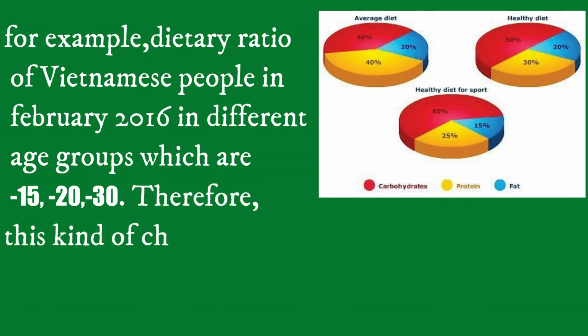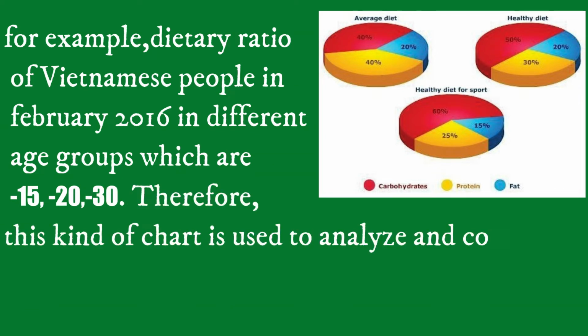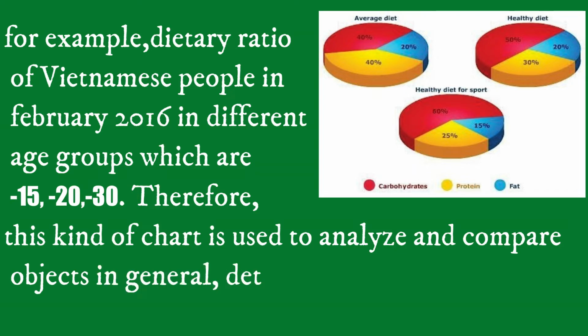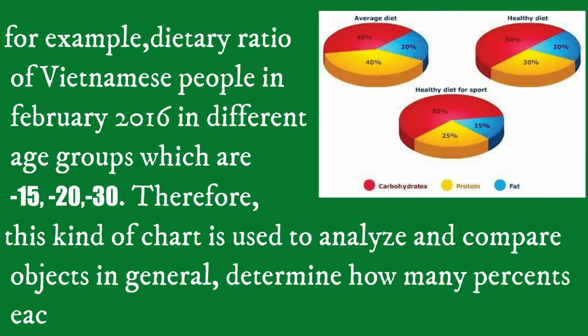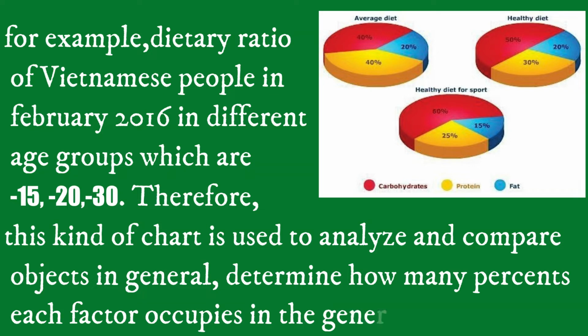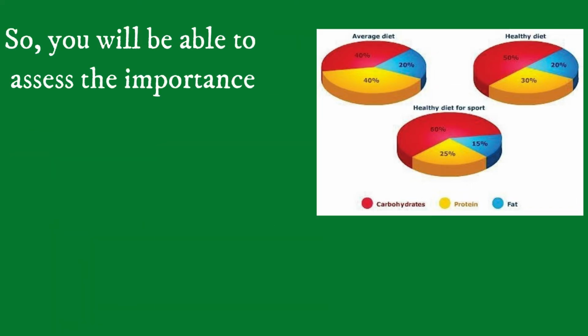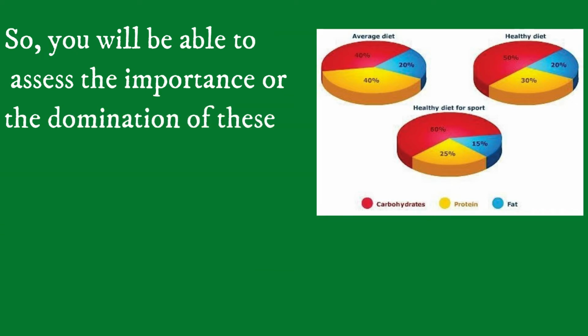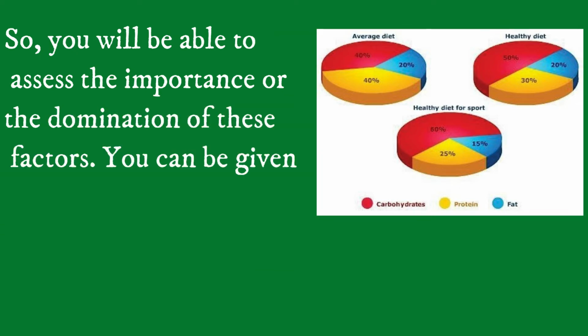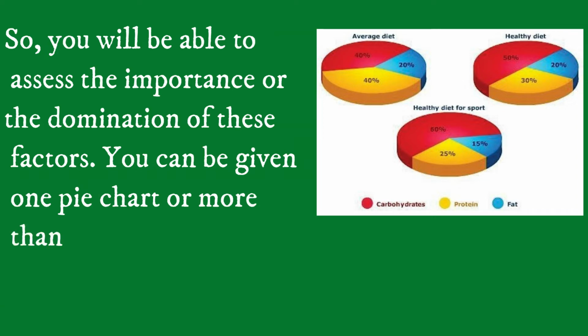Therefore, this kind of chart is used to analyze and compare objects in general and determine how many percent each factor occupies in the general object. So, you will be able to assess the importance or the domination of these factors. You can be given one pie chart or more than one pie chart.